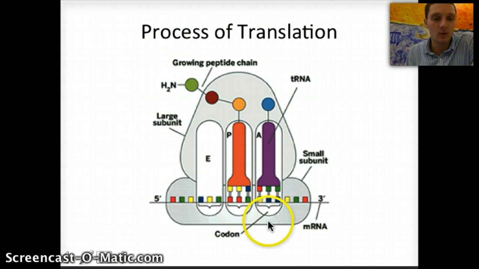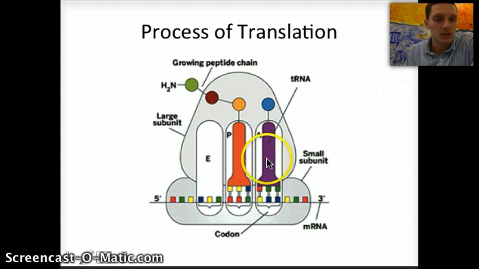Depending on what the mRNA codon calls for, a specific transfer RNA that has the anticodon to the messenger RNA codon is going to match with it. So the ribosome reads the codon on the messenger RNA, and it brings in a transfer RNA molecule that has a specific anticodon that matches.